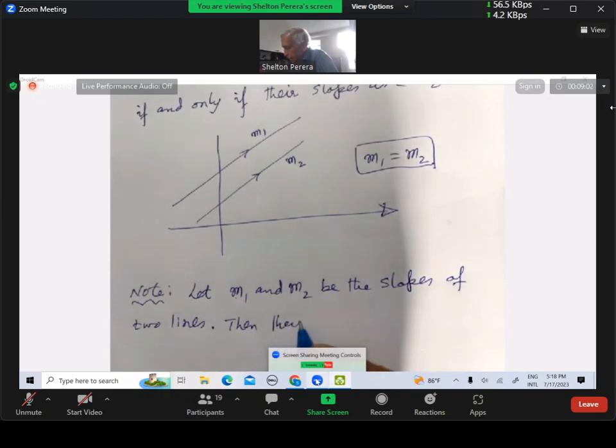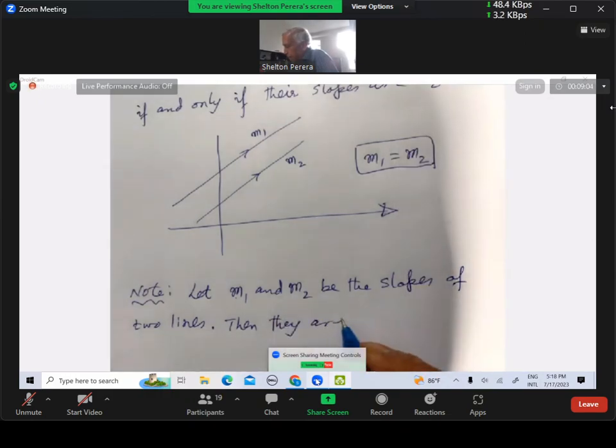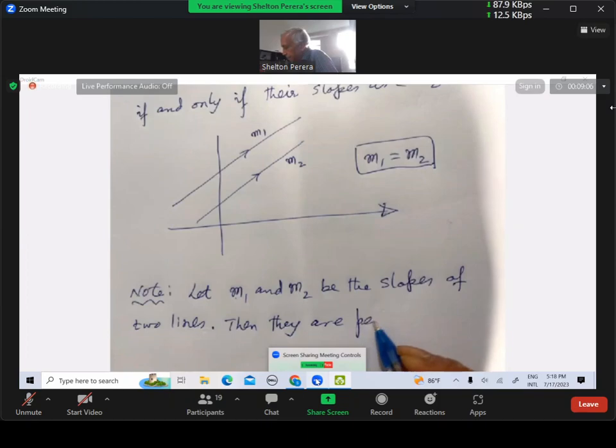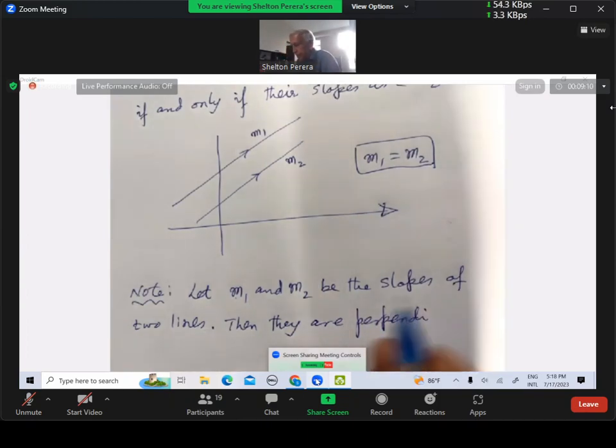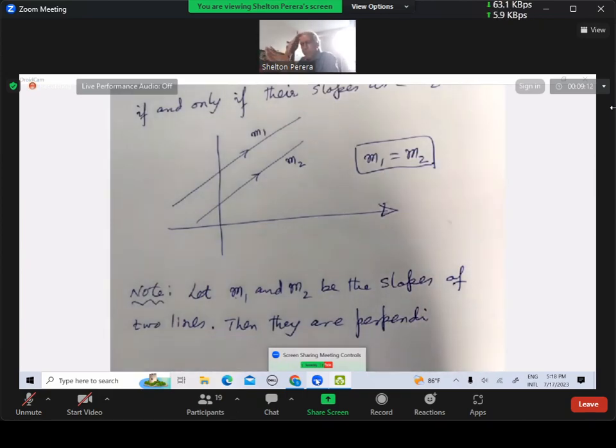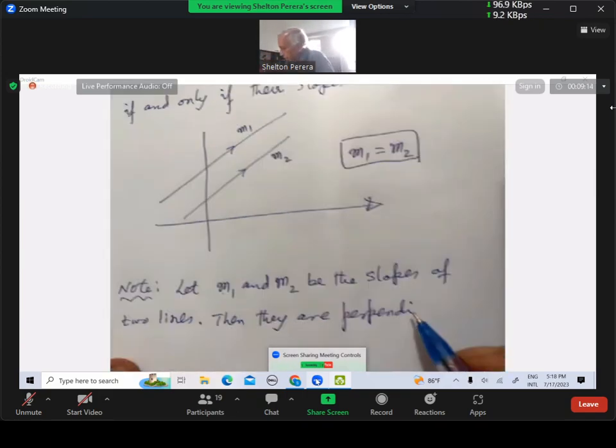Well, what is perpendicular? Tamil speaking students, they cut at right angles.